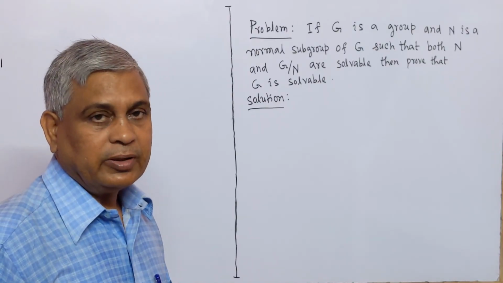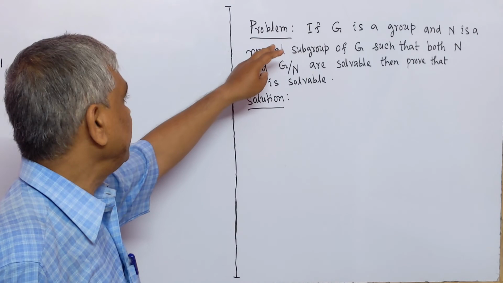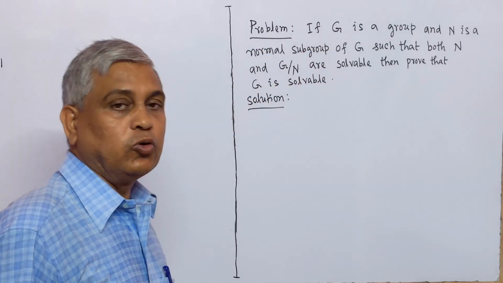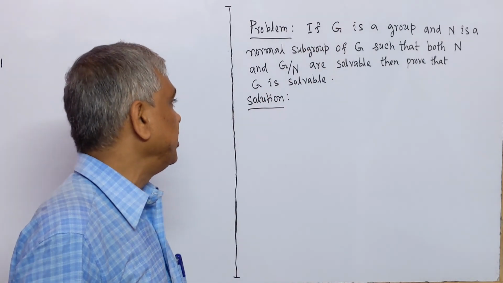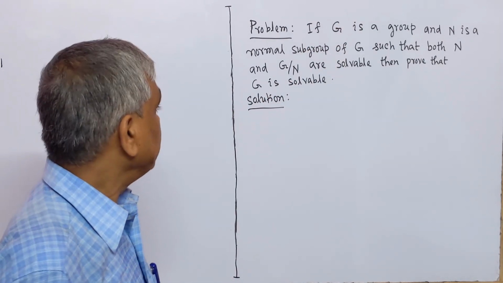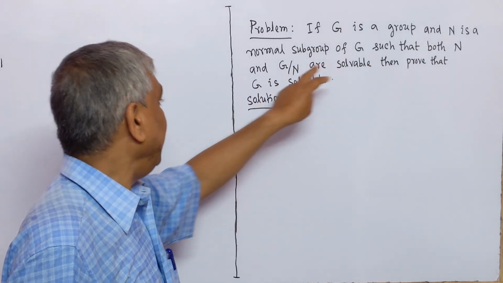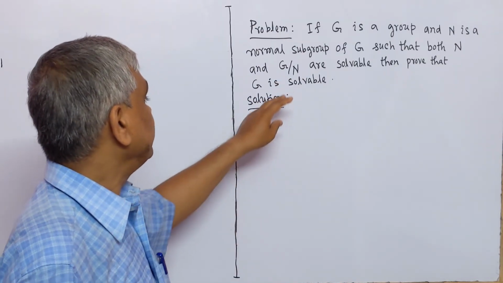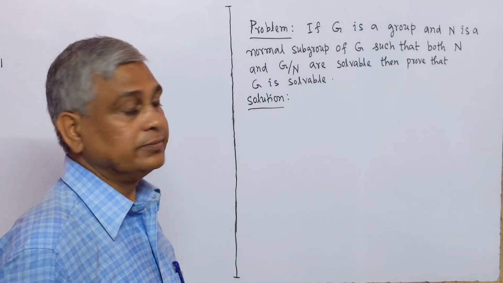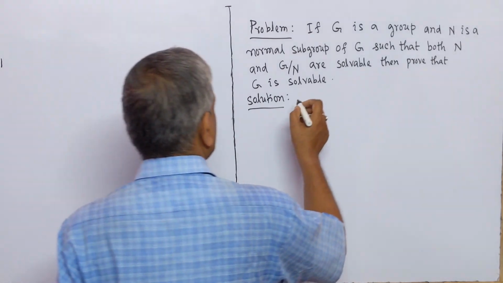Now we solve the next problem. The problem is: if G is a group and N is a normal subgroup of G, such that both N and G by N are solvable, then prove that G is solvable. Now we solve this.